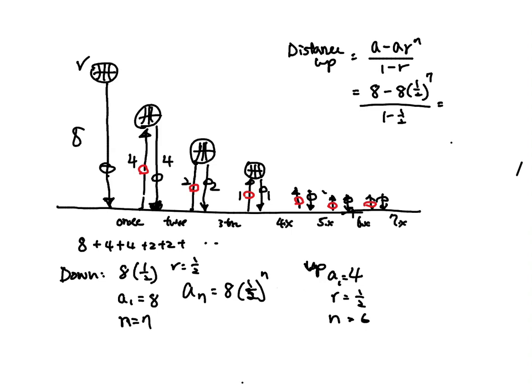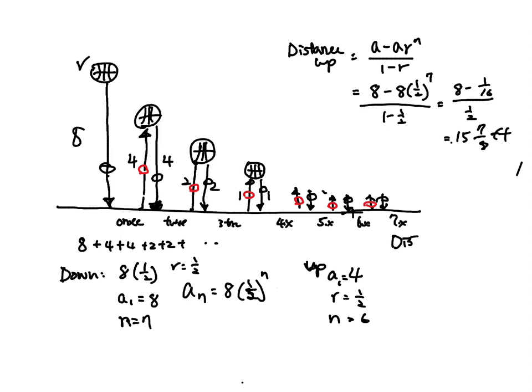So calculator, 1/2 to the 7th power and times by 8. So this is 8 minus 1/16 over 1/2. So 8 minus 1/16 and divided by 0.5 is 15 and 7/8 feet.